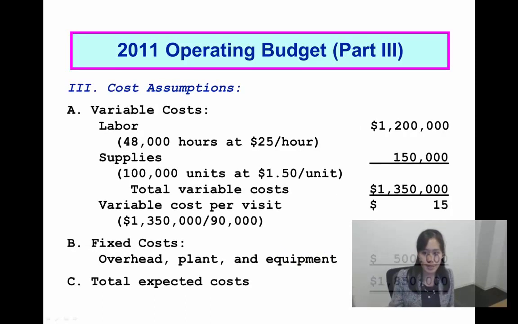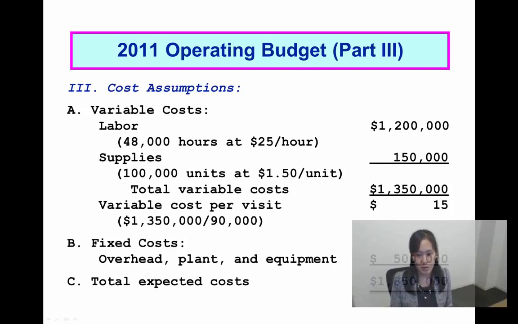All right, the third step is to look at costs or expenses. Similarly, we're going to use the forecasts of the volume in addition to your expectations on fixed and variable costs to figure out what expenses Carroll Clinic needs to incur in order to provide these services. Let's start with the variable costs.